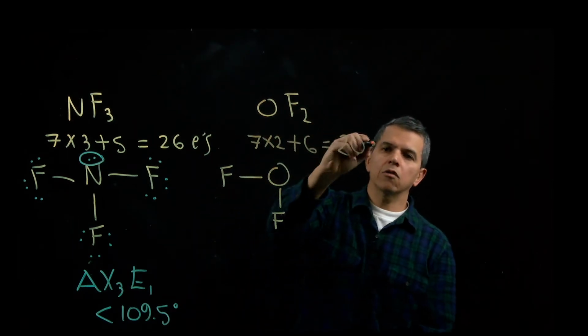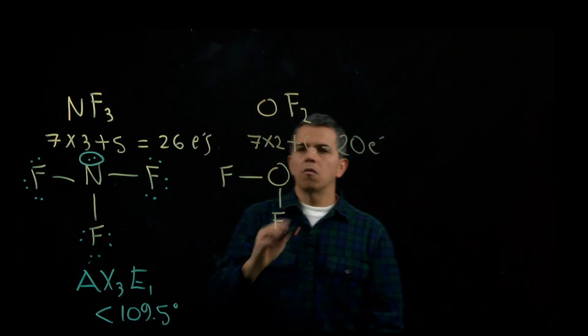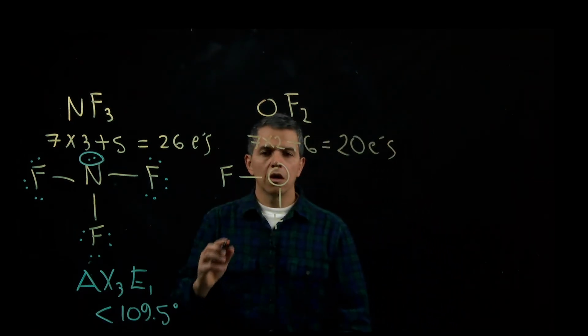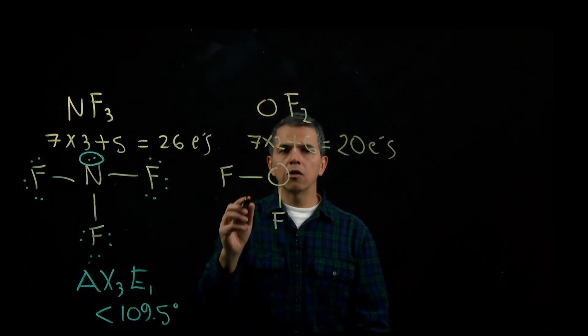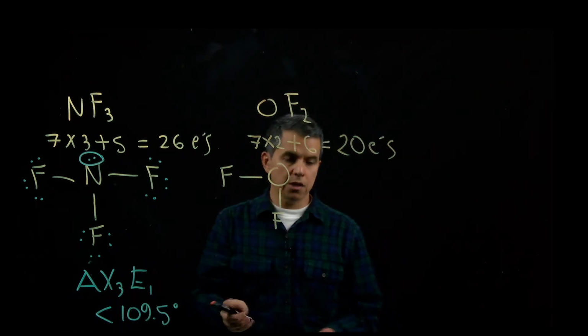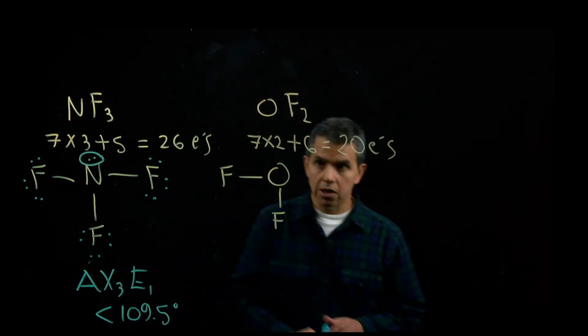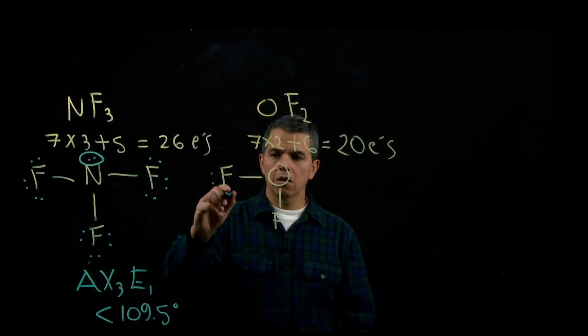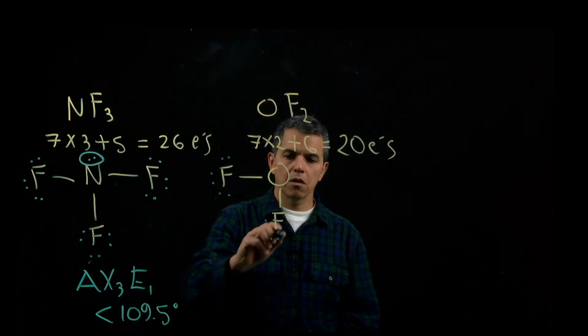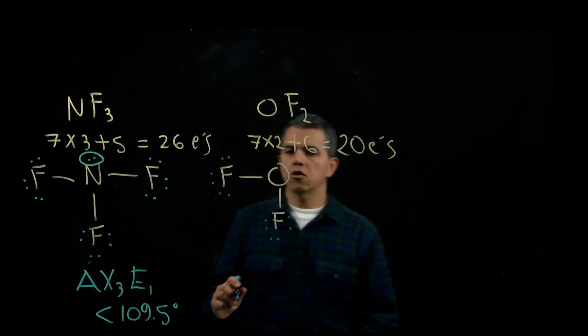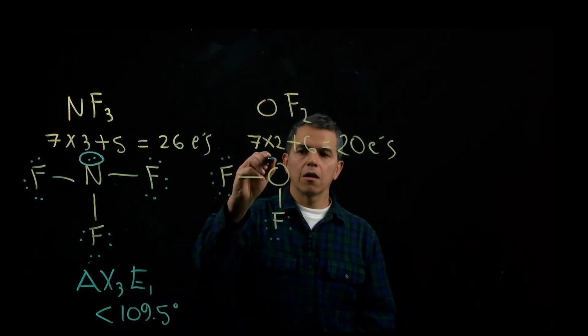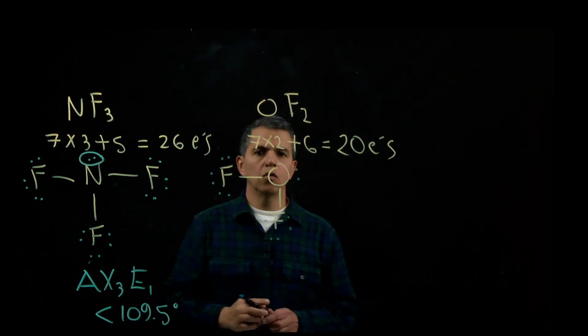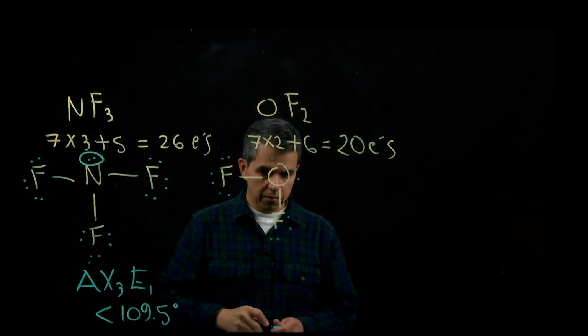That's 20 electrons. We already have 2 bonds, so that's 4 electrons. We need to place 16 electrons. So that's 12. And we place 2 lone pairs on the oxygen.